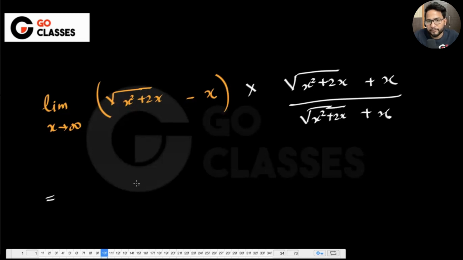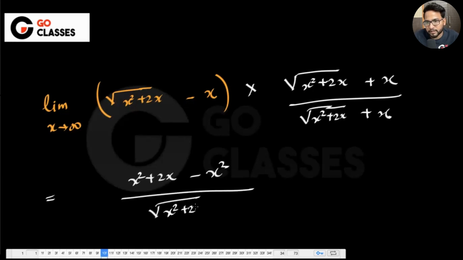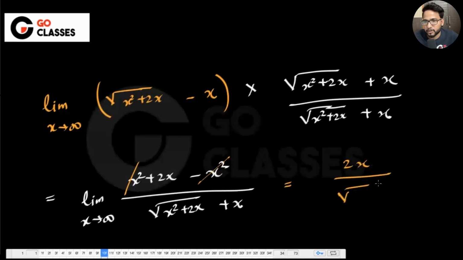So what will the answer be? It will be x square plus 2x minus x square, upon square root of x square plus 2x plus x, where limit x tends to infinity. Is this okay to everyone? Now you can just cancel this out. It will be 2x upon square root of x square plus 2x plus x, limit x tends to infinity.